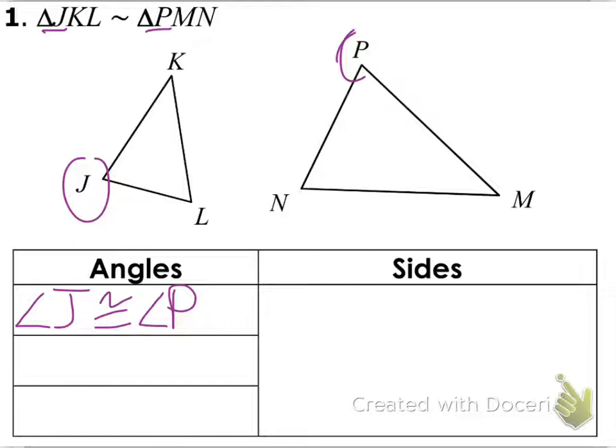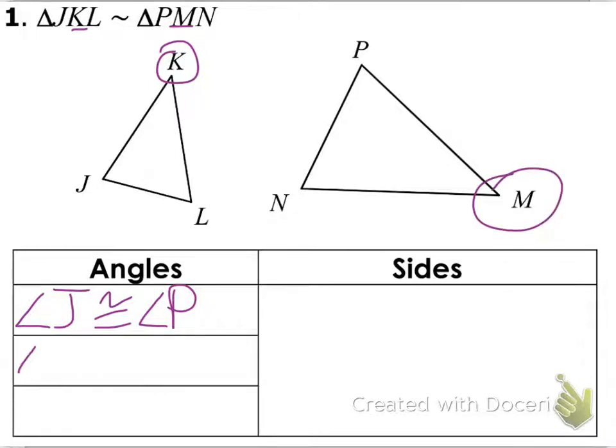So now, let me erase these circles right here. Okay, so now let's look at K right here in the middle. M is in the middle for the second triangle.